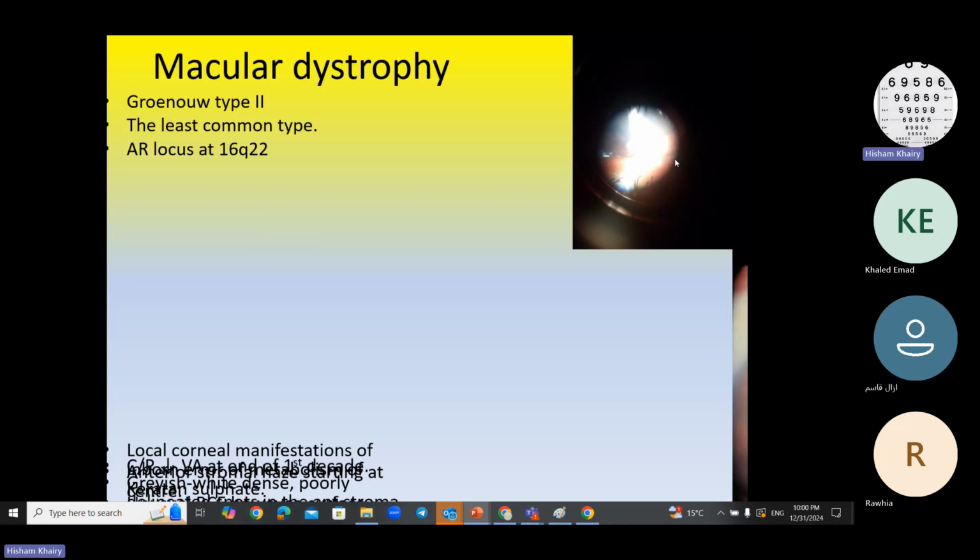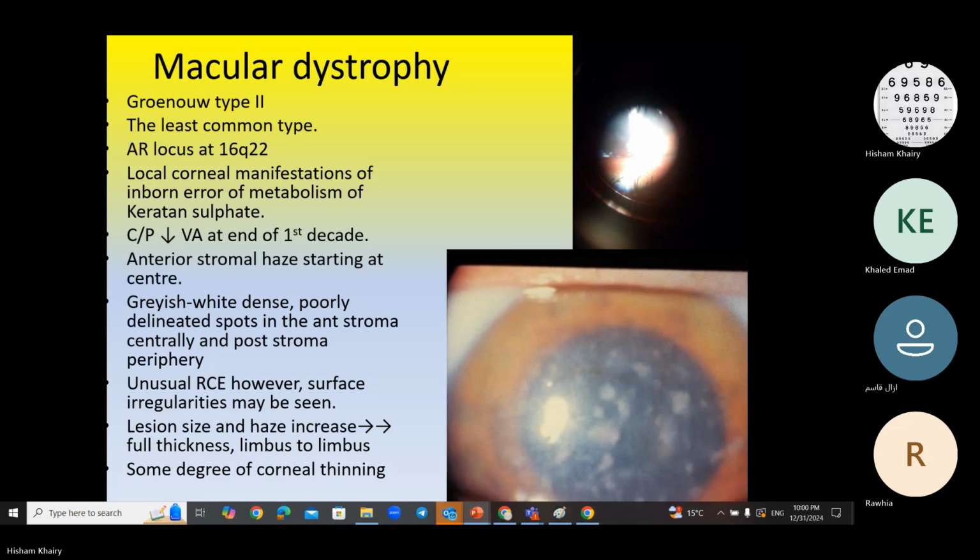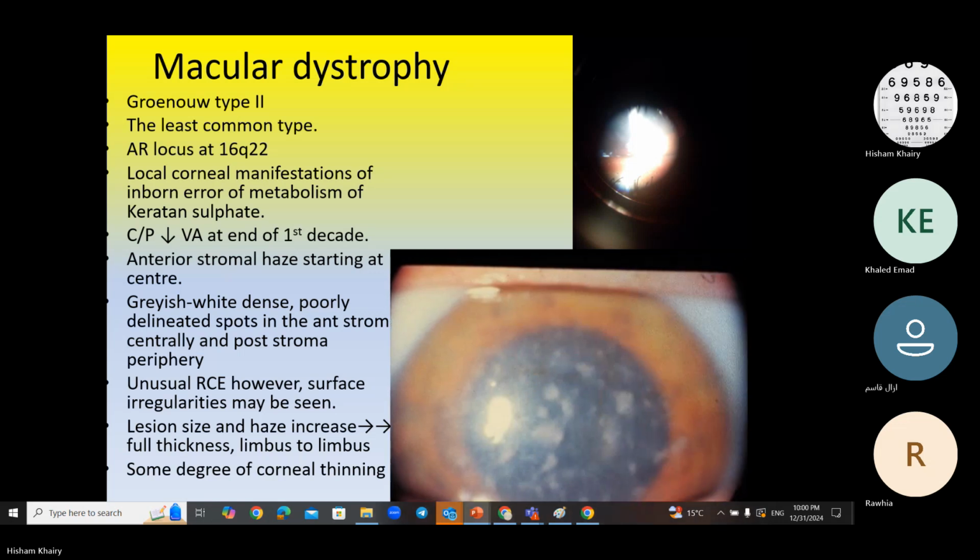Macular dystrophy. This is a patient from the outpatient clinic at Ain Shams Department of Ophthalmology. Not very good. Here is the lower lid, the cornea here, the iris, and there is a corneal haziness. If we can imagine with me, there are macular lesions like this one.